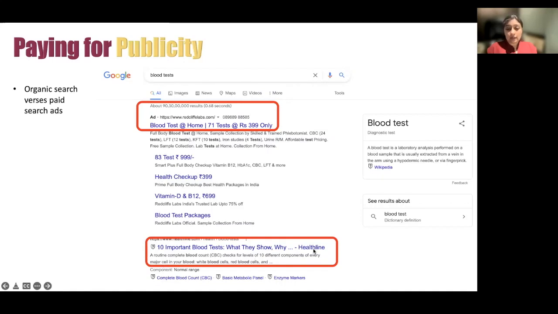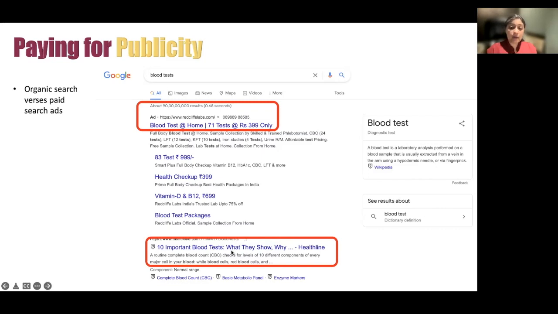Whereas Healthline, which is a very extensive healthcare information website, has developed a blog called 10 Important Blood Tests, What They Show and Why. Now, this is a very informative, detailed blog. It has a lot of keywords, a lot of links, a lot of references.